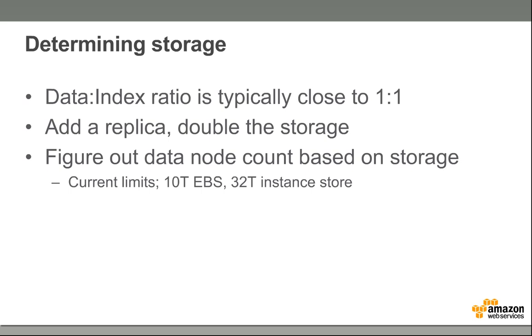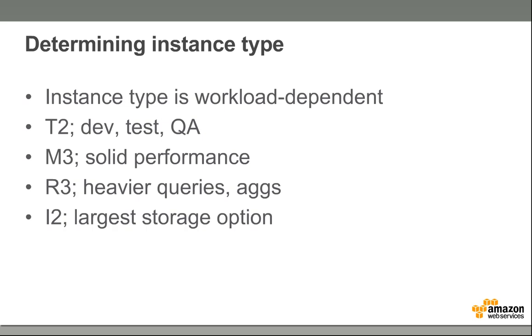So I'll need a terabyte of storage online to store that data. Adding a replica adds an additional copy of that data. So for my first replica, I would double the storage needed: 1 terabyte of source data would need 2 terabytes of storage online. And we can figure out our overall data node count based on the storage needed.